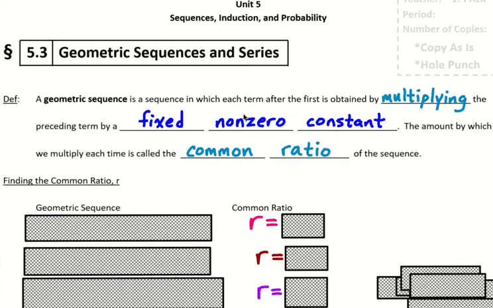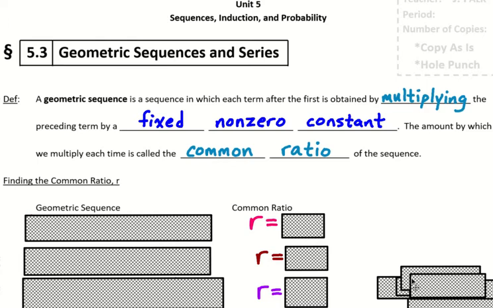I just got to throw the word non-zero in there because it's kind of a technicality: you can't multiply by 0 to get to the next term in a sequence.